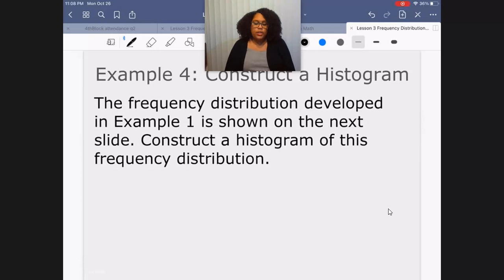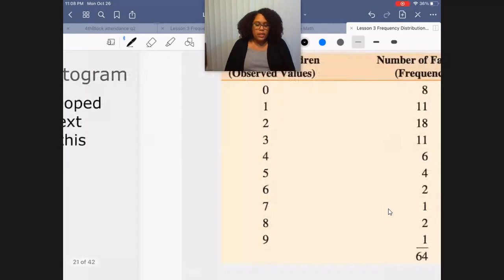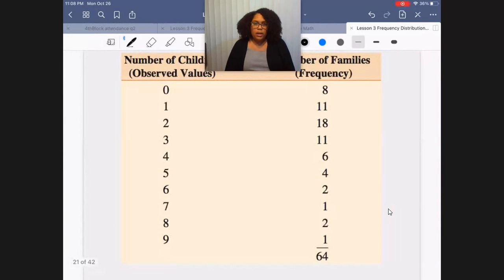So let's look at two types of histograms. First, let's go back to the situation where we were looking at the number of children that different families have. And so the possible results that we got from people were some had 0, some had 1 child, some had 2, 3, 4, 5, 6, 7, 8, 9.